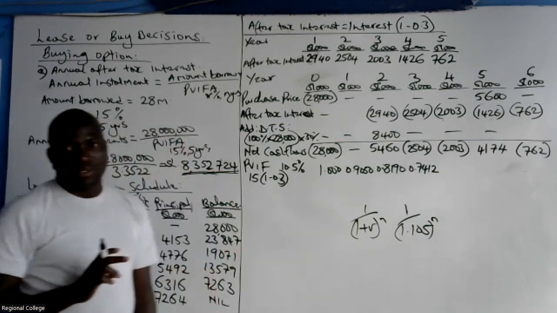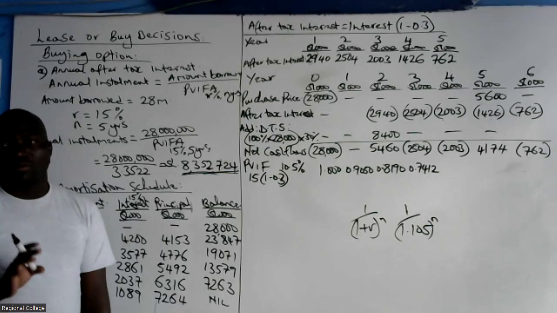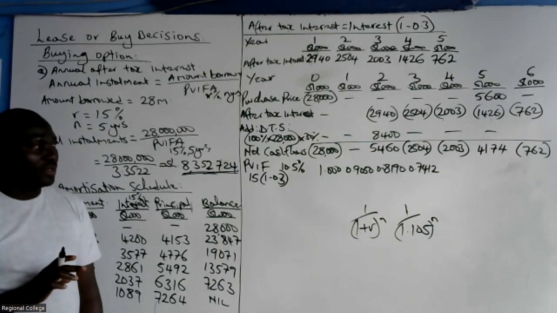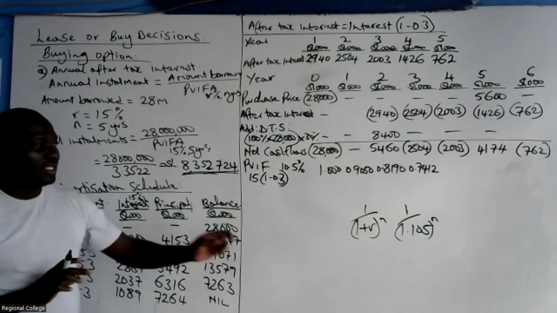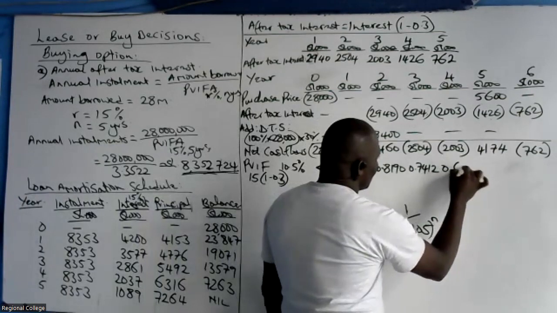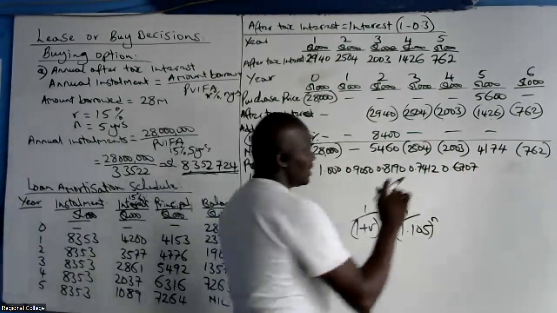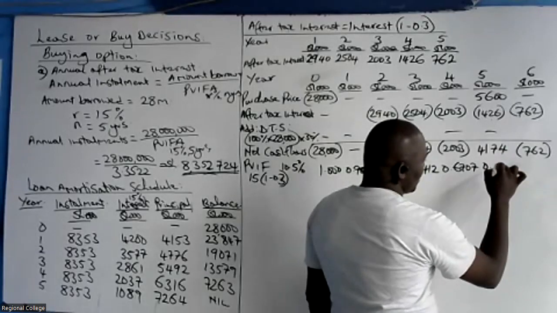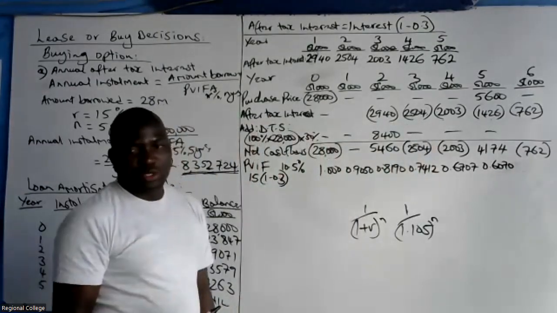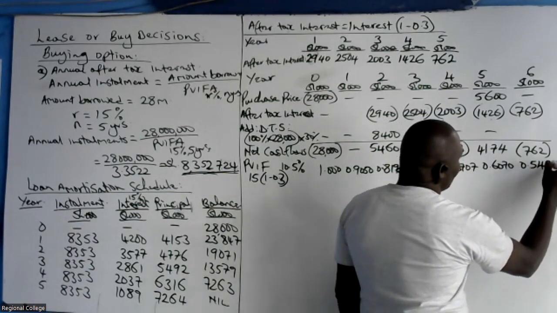At that point you've already programmed your calculator to divide by 1.105. So pressing equals takes me to the third year: 0.742. Then another equals gives 0.6707, then 0.6070, and the last is 0.5493.